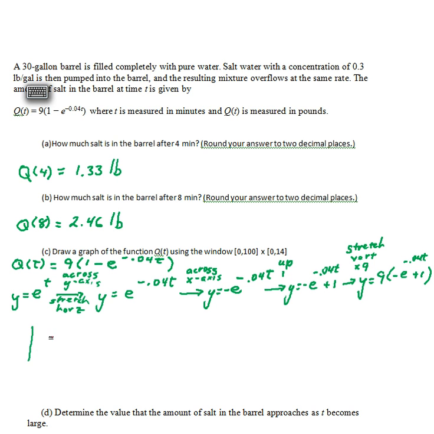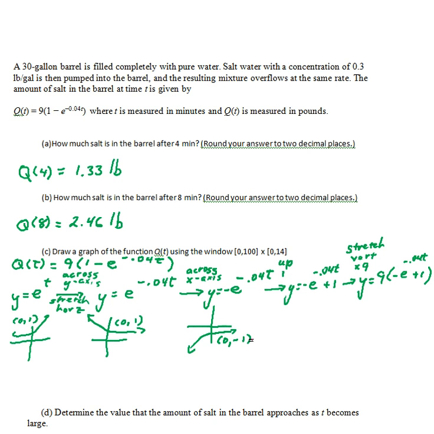So we start with 0, 1 as the y-intercept. We're going to still have 0, 1 after we reflect across the y-axis. We'll have 0, negative 1 after reflecting over the x-axis.